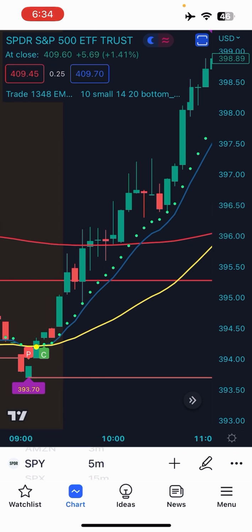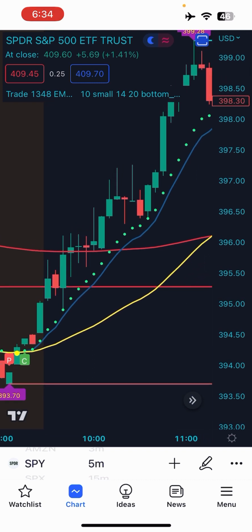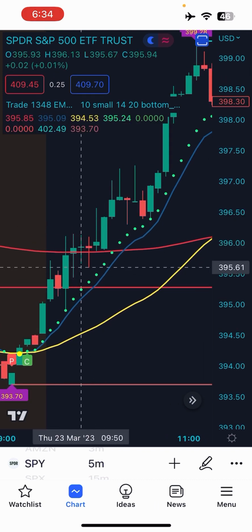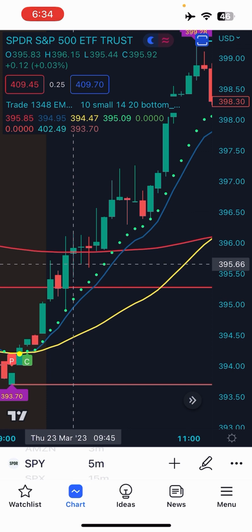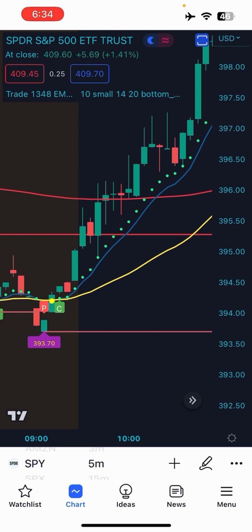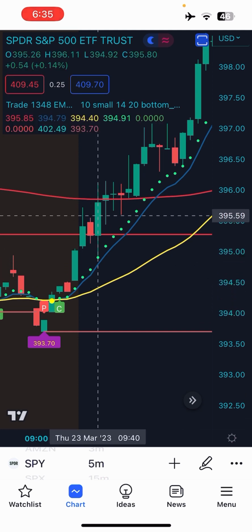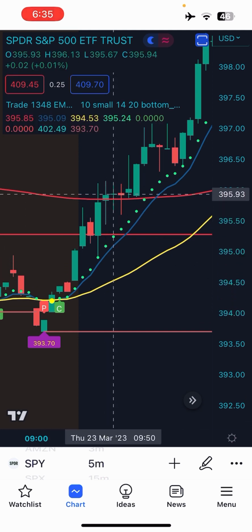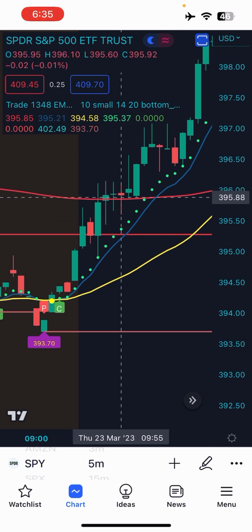You want to see what the price is going to do when it hits that 200 line. And at least you want a retest. What's a retest? A retest is when right here you can see the price tested that 200 EMA line. So it touched the 200 EMA line and it stayed on the 200 EMA line.